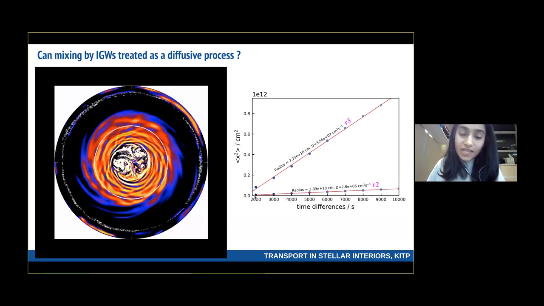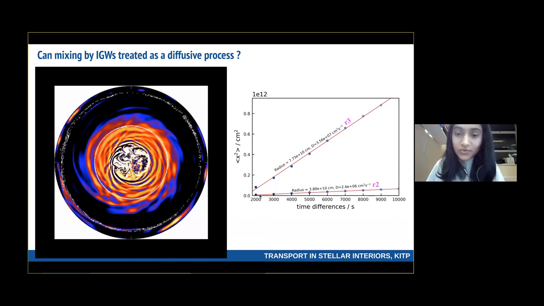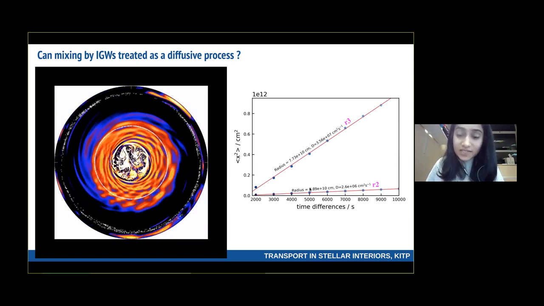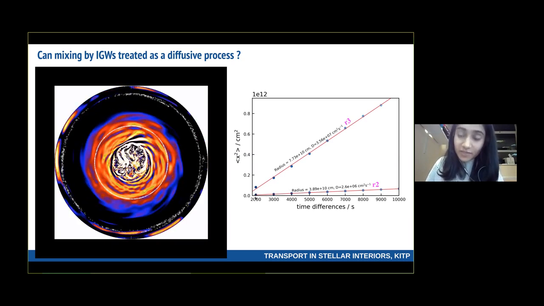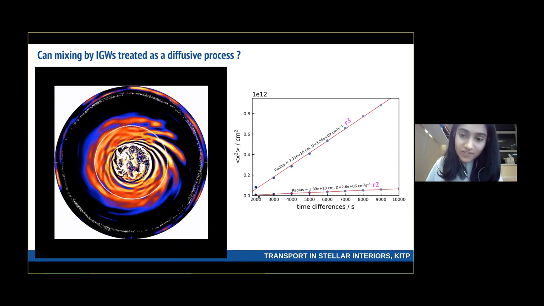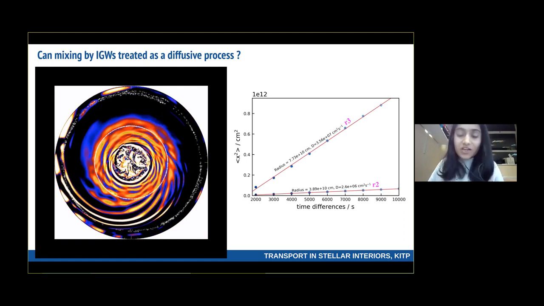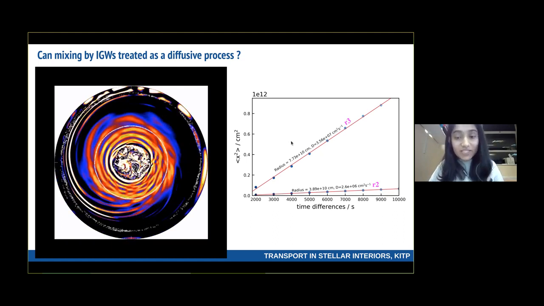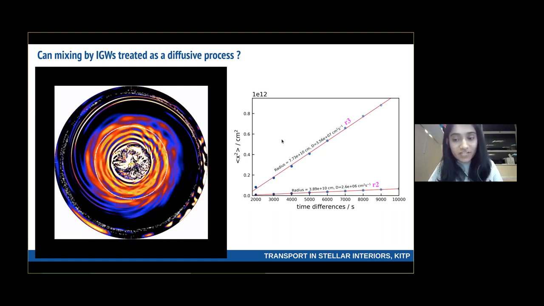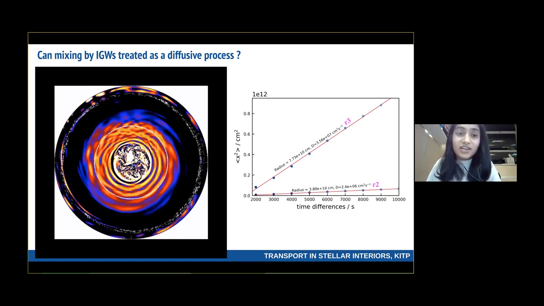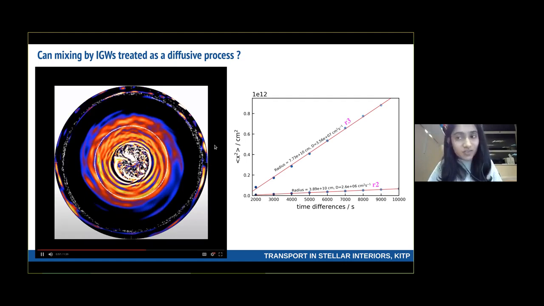The amount of contribution decreases as we move to higher values. This is represented with the dark blue having the maximum contribution to the time difference, and the lightest blue having the fewest contributions. As is evident here, the mean square displacement is a linear function of time differences, therefore telling us that the mixing by internal gravity waves can be treated as a diffusive process.